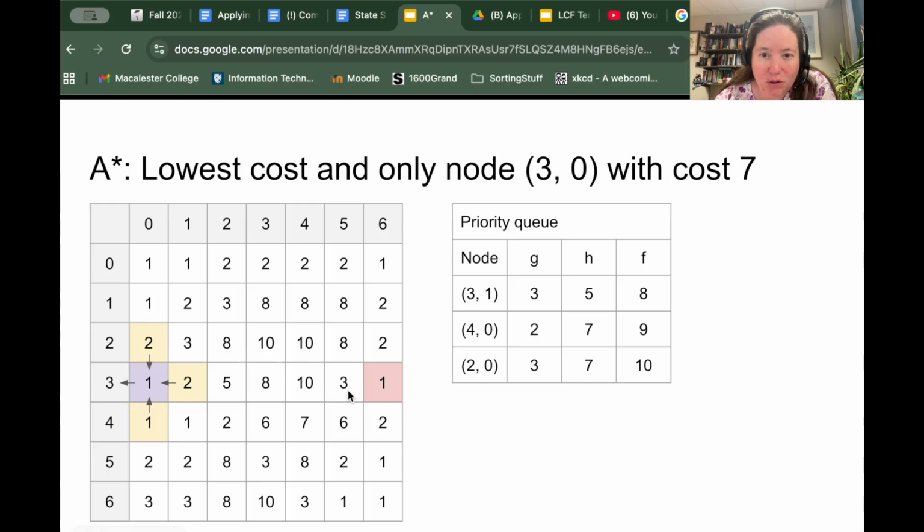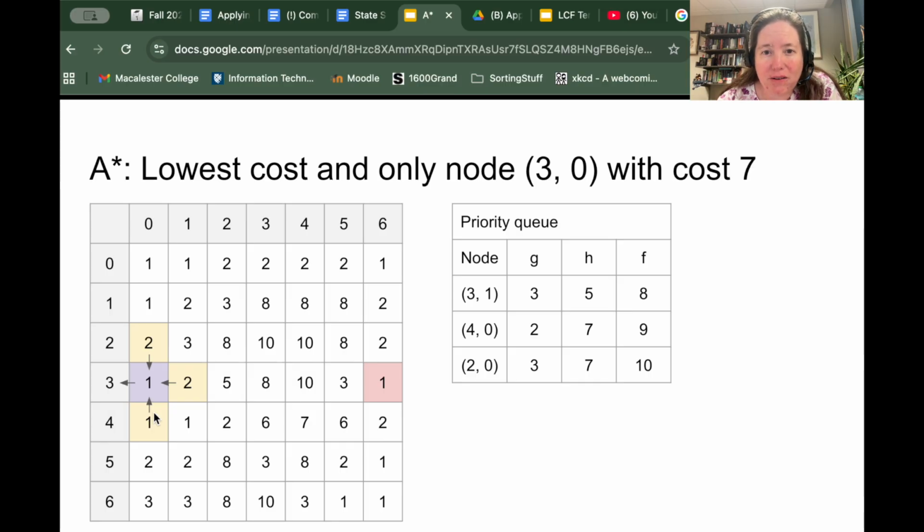It's only 5 steps away, whereas 4, 0 and 2, 0 both have an increased H cost. So you can see that the costs that we're actually organizing by are now different. 3, 1 looks a little bit more promising because it's headed toward the goal, so that's reducing the H cost and counteracting some of the cost of the actual move. The others look more expensive, mostly at this point because their H costs have increased.